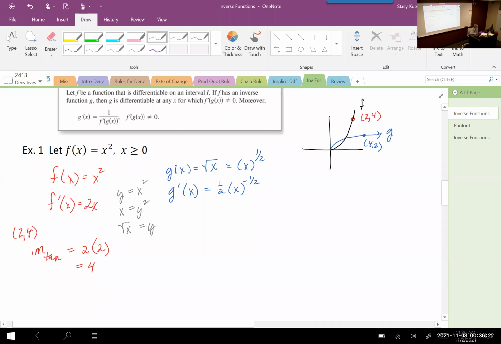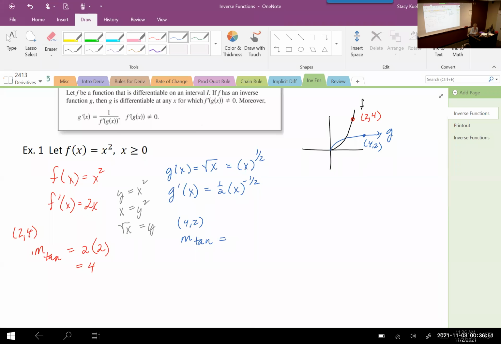Right? Tell me, what is the slope of the tangent line to the inverse at the point 4, 2? I want y'all to do it.